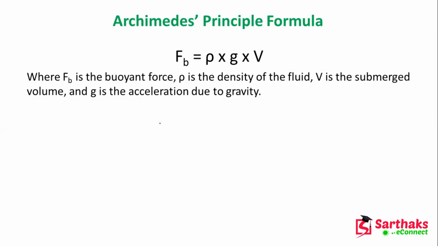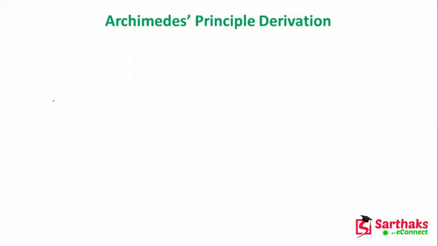And g is the acceleration due to gravity, and we always take this as 9.8 meters per second squared. So the buoyant force Fb will be rho into g into V, where V is the submerged volume.